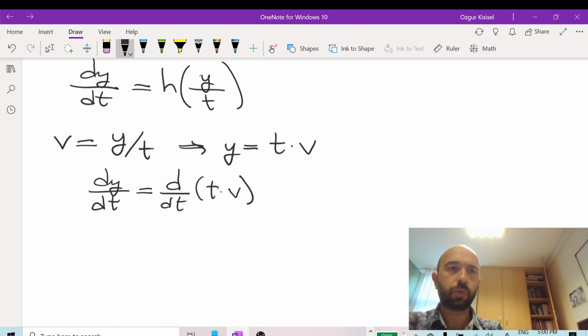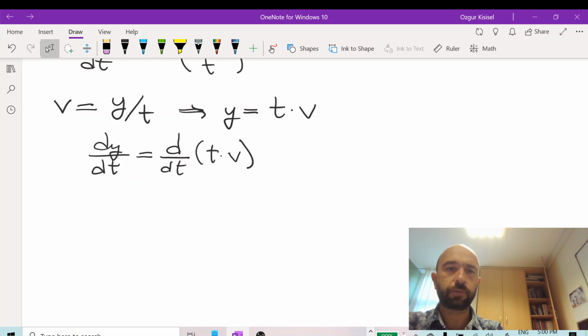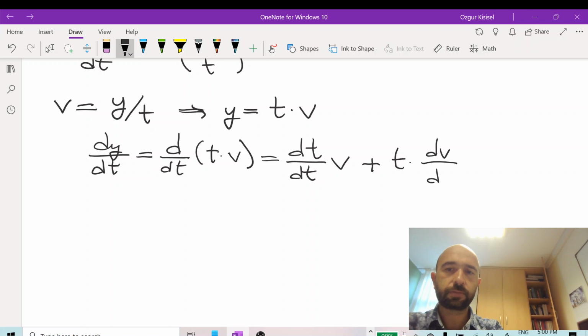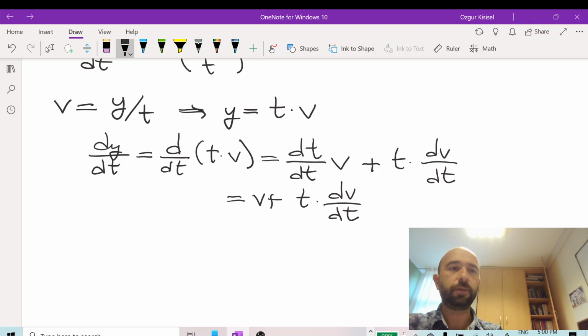And we know product rule from calculus. It's derivative of the first function times v plus t times derivative of the second function. dt/dt is 1, so we have v plus t times dv/dt.